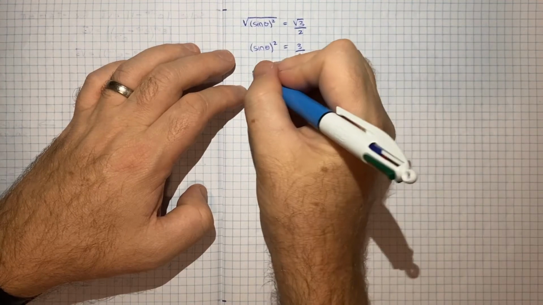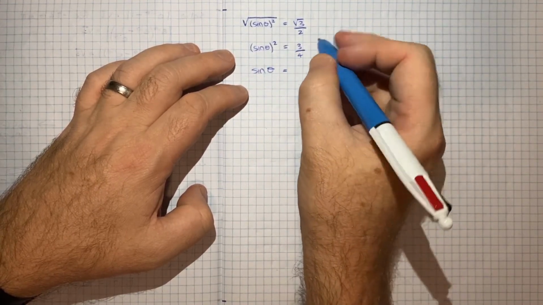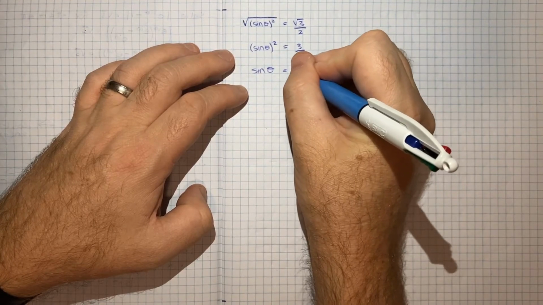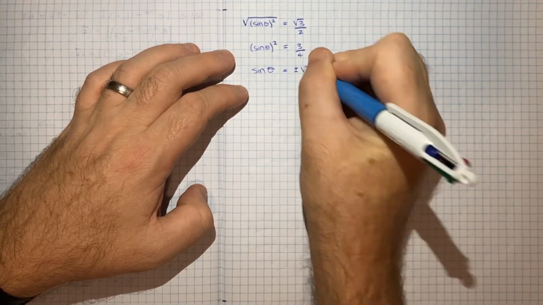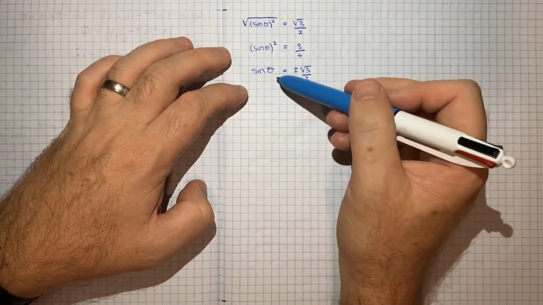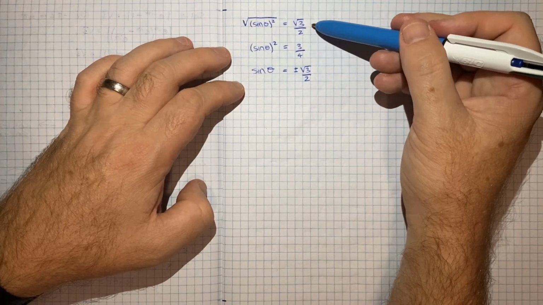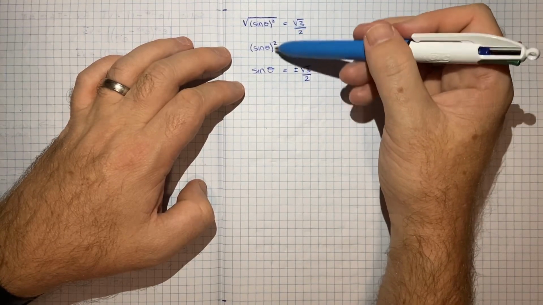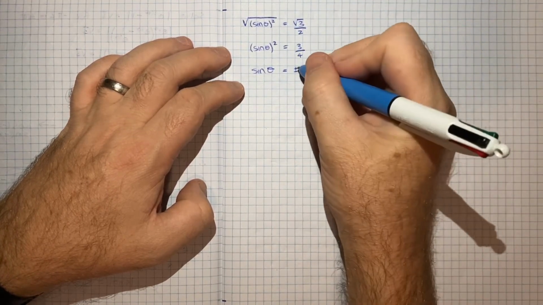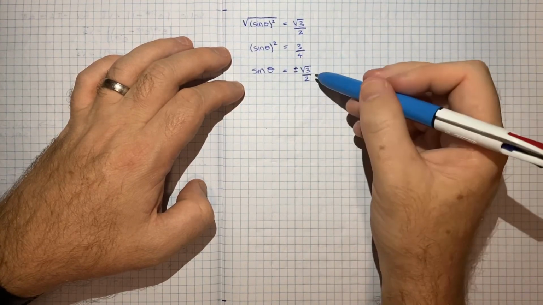But now to get back to sine theta by itself, I take the square root of both sides, and we end up with plus or minus root 3 on 2. You could jump straight there from the modulus, but I think it helps to walk through the steps we've taken algebraically to be very clear that we're looking at both the positive and negative solutions.